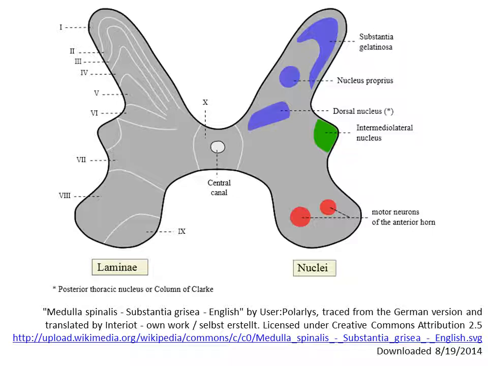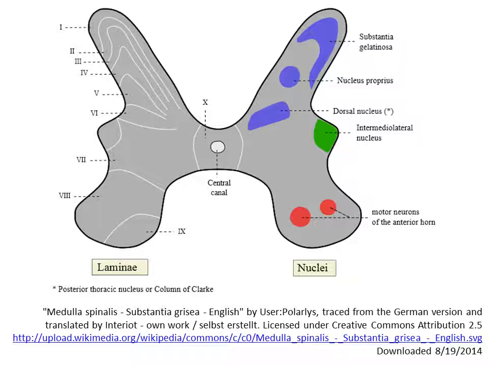The intermediate area, in between the dorsal and ventral horns, we have lamina 7. In those parts of the spinal cord that contain a lateral horn, that is part of lamina 7. And then we have the ventral horn, which contains laminae 8 and 9. And then lamina 10 is right around the central canal.